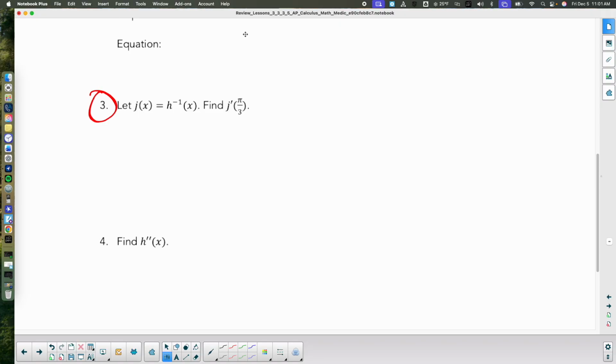Okay, perfect. Let's go with this. This is problem set D, number 3. This was from the review, 3.3 to 3.5. This is the 4th page, 3rd problem.